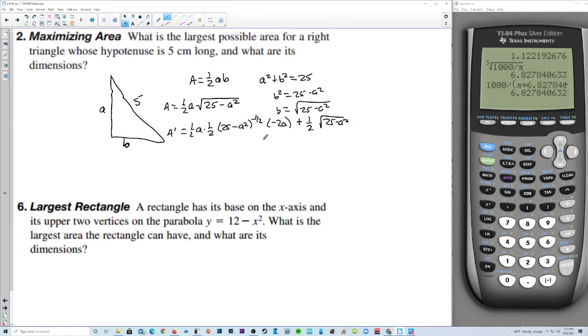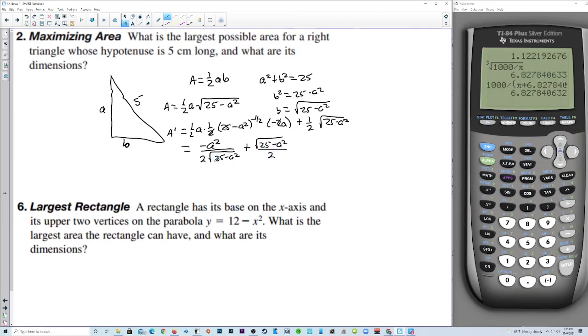All right. Well, what do we got? We got these two 2's cancel out, and we have negative a squared on top, and on the bottom is 2 square root of 25 minus a squared. And then over here we have plus the square root of 25 minus a squared over 2.